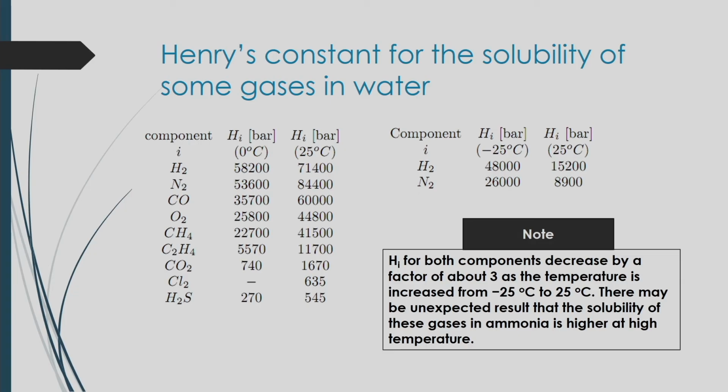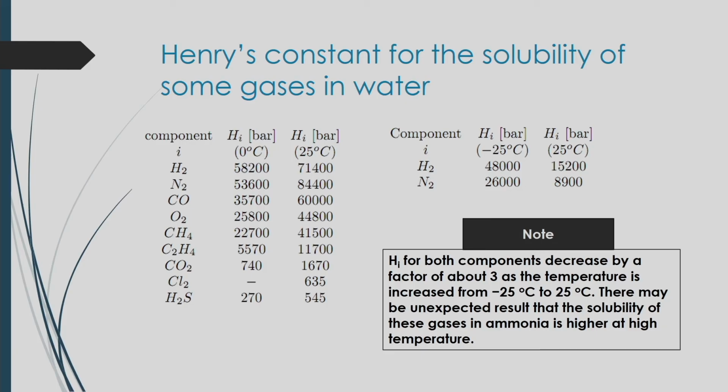How the Henry's law constant varies with temperature is shown, but you have to give special attention to the gases nitrogen and hydrogen. For both, Henry's constant decreases by a factor of about 3 as the temperature is increased from minus 25 degrees Celsius to 25 degrees Celsius.